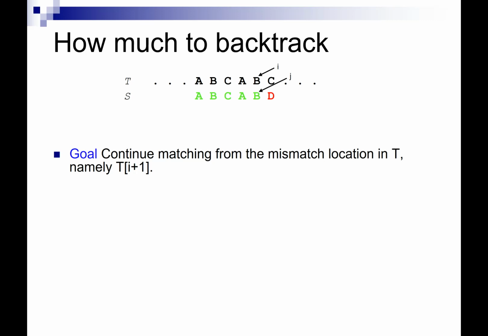Now the goal that we want to establish is that if we have a mismatch between the I plus first letter in T and the J plus first letter in S, then we want to continue the matching at the I plus first letter of T, and we're also going to back up S by a certain amount, which is what we want to determine.